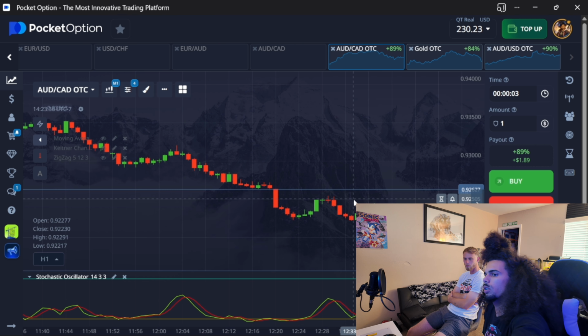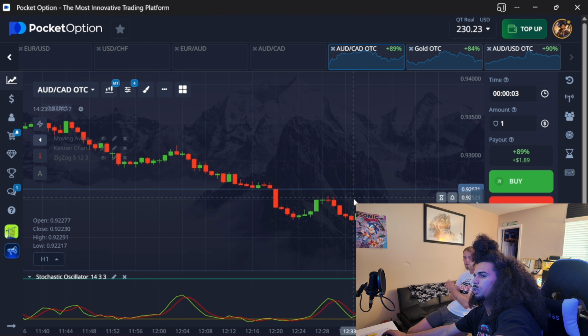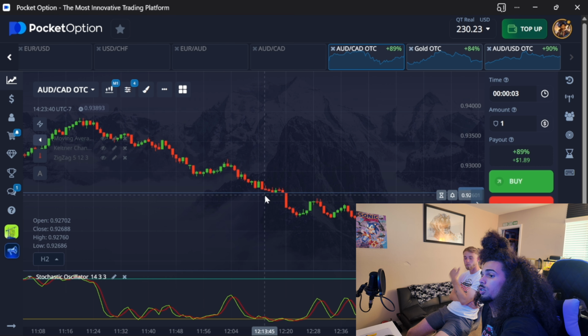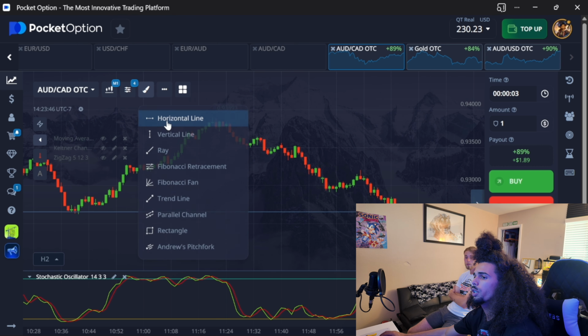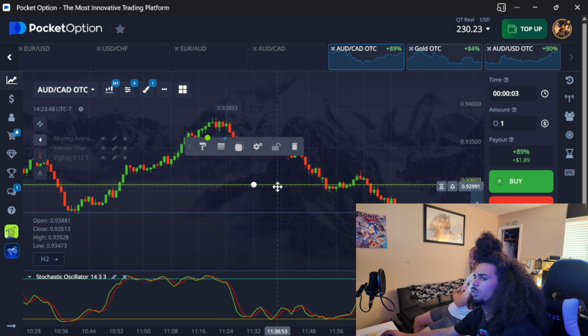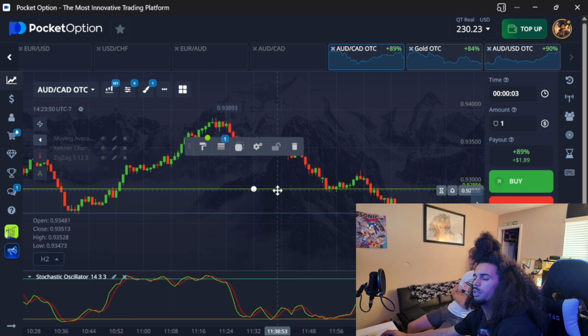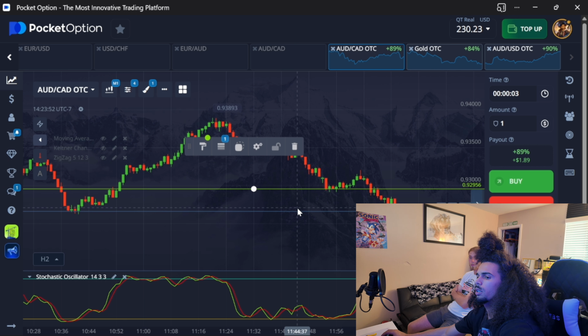Okay, so I'll teach you first of all what support and resistance are. We're on a downtrend as of now. These are indicators over here. So we can say, right here, price went up, acted like it was going to go down, rejected a little bit. There's a little bit of consolidation right here.